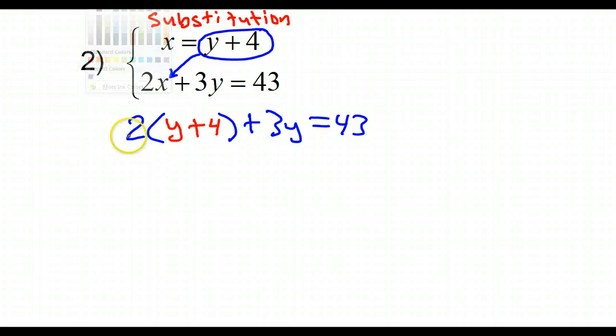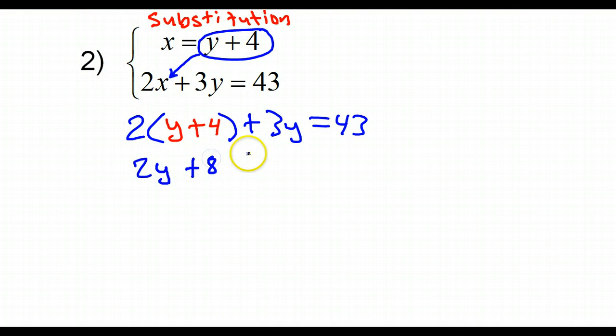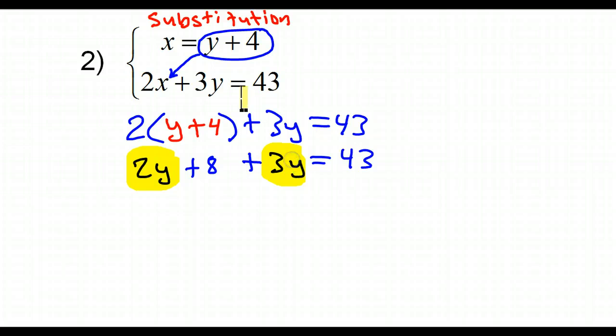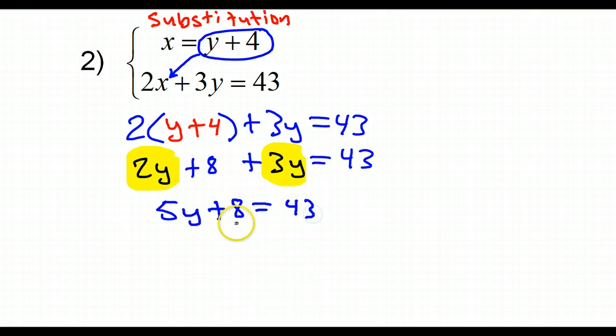If I do that distributive property, I'm going to get 2y plus 8, all right, plus 3y is equal to 43. Now I've got some like terms to combine, the 2y and the 3y. So if I put those together, I'm going to get 5y plus 8 is equal to 43.